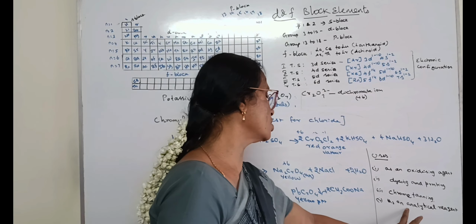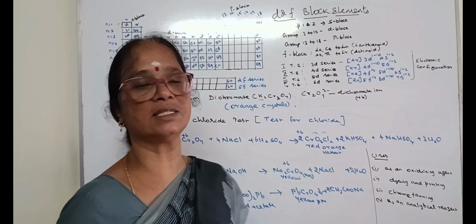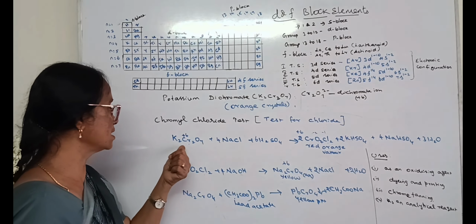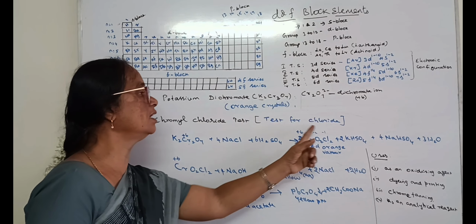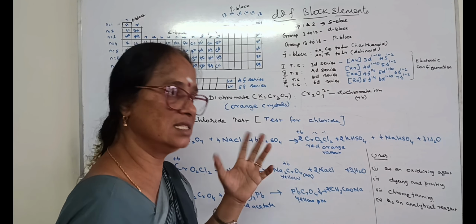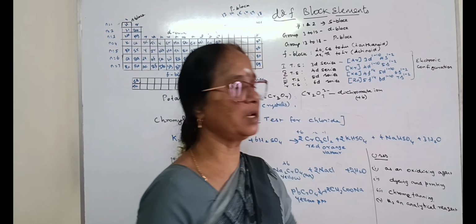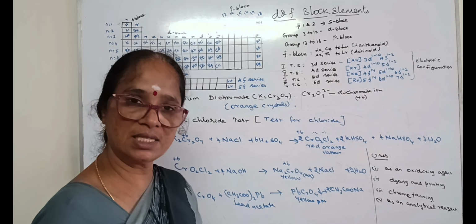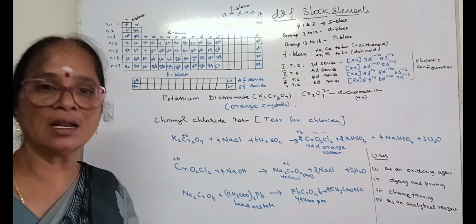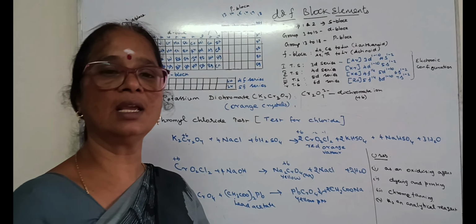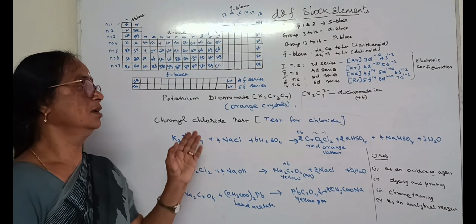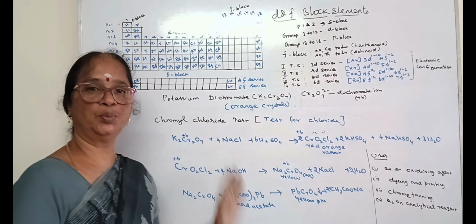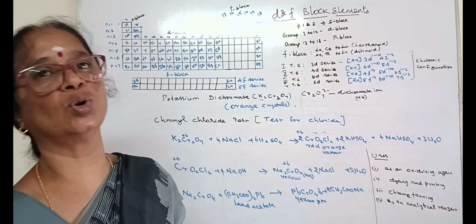It is also used as an analytical reagent, here to identify the chloride ion. Similarly, potassium dichromate can be used to estimate the amount of iron or iodine present in a given compound. That's all the preparation and properties of potassium dichromate.